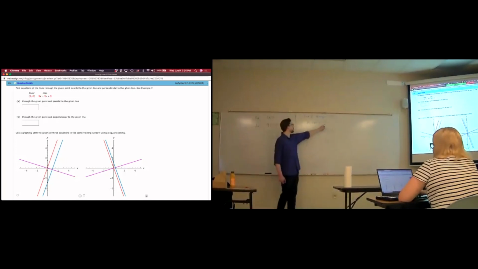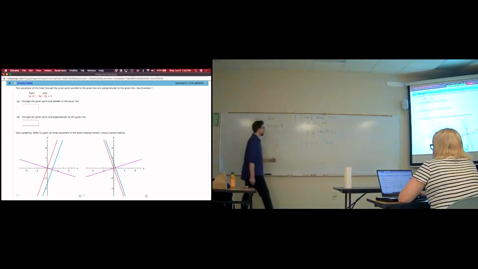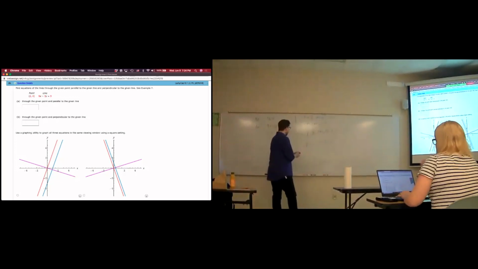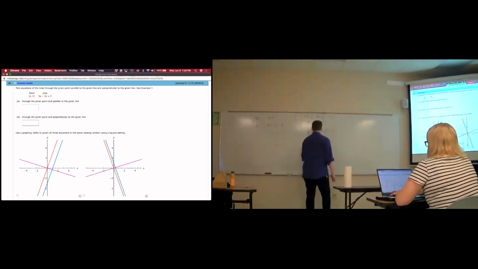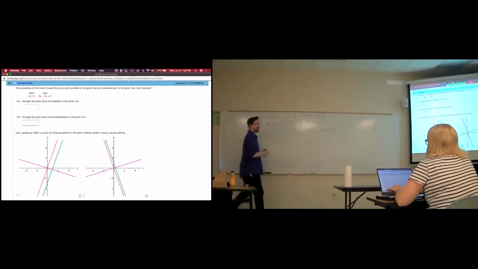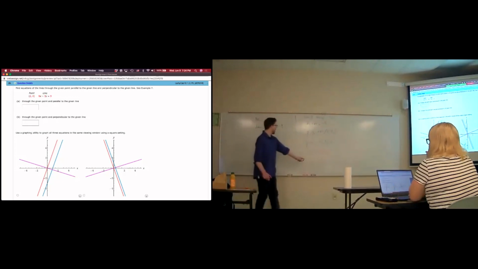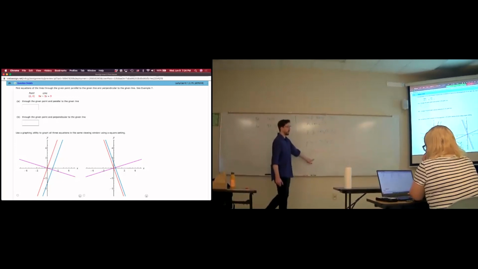Now we know M2 is equal to 3 because it's parallel to our original line. So we can rewrite all of this now to get Y is equal to 3X minus 6. And that will be the line through the middle. Okay. All right. Yeah, I'll write that all down now.